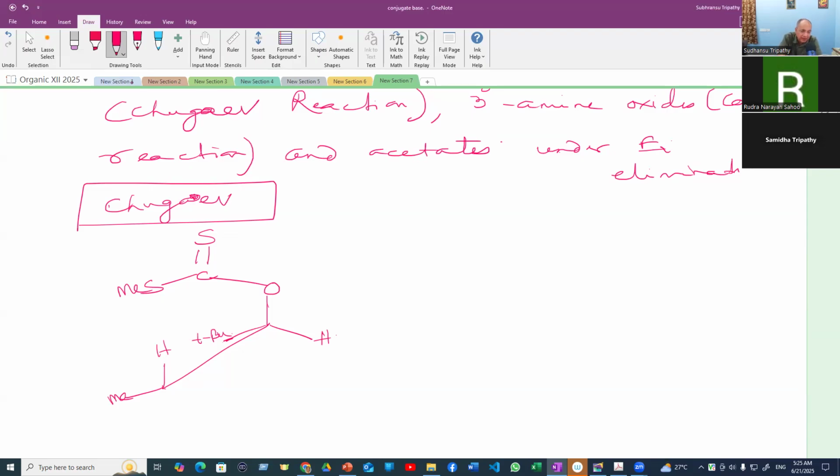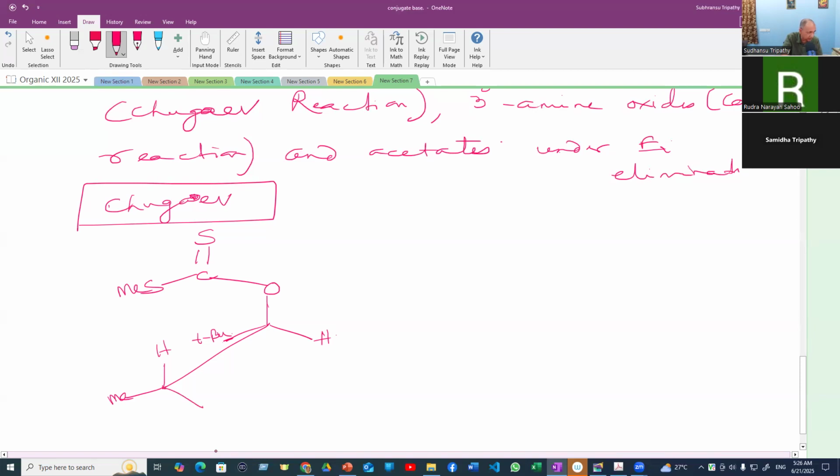If I make it CH3, then it will be kept here, CH3, and the major product will be the anti-Saytzeff or less substituted alkene. So to show you the mechanism, I have not kept any beta hydrogen in the alpha position. Yes, there is a beta hydrogen here, but if it is CH3, then a less branched alkene, the anti-Saytzeff or Hofmann product, will be formed.